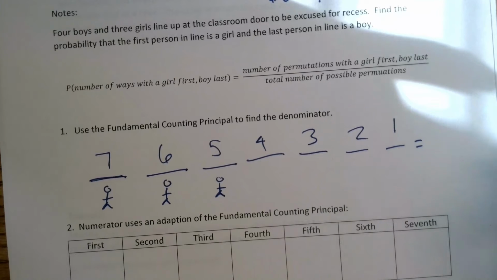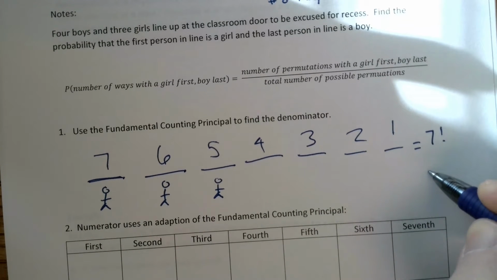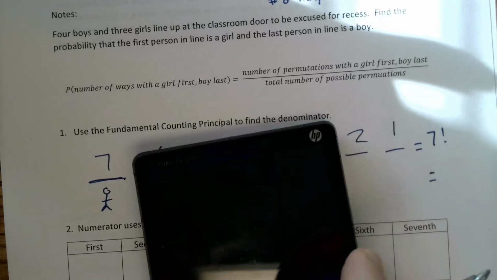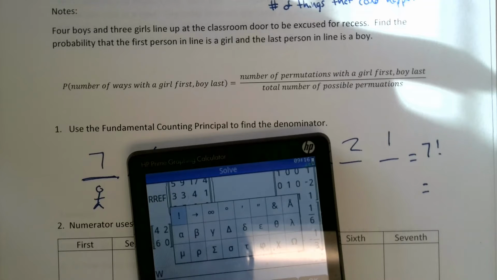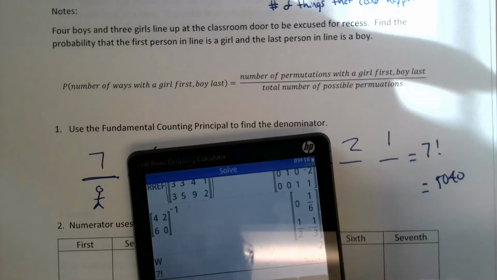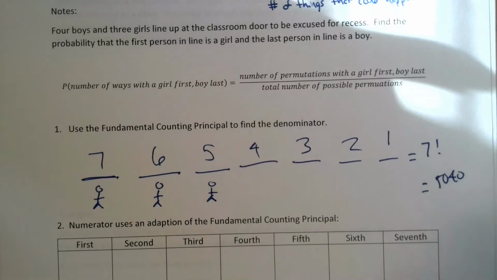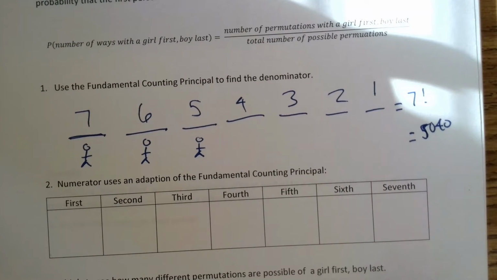So that actually is 7 factorial, which is equal to 5,040 ways. And then the numerator.